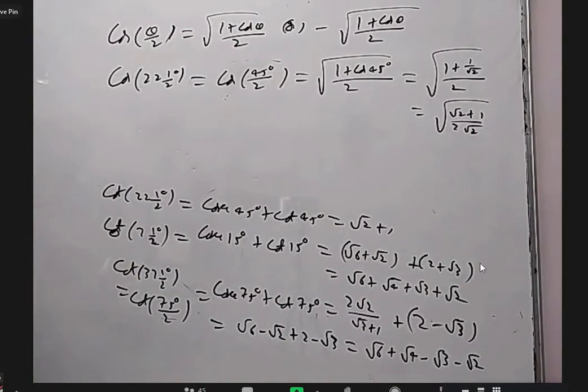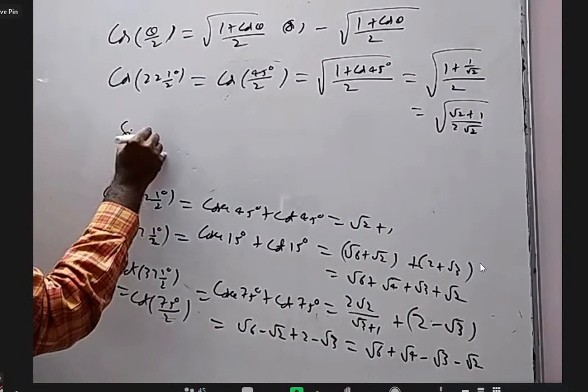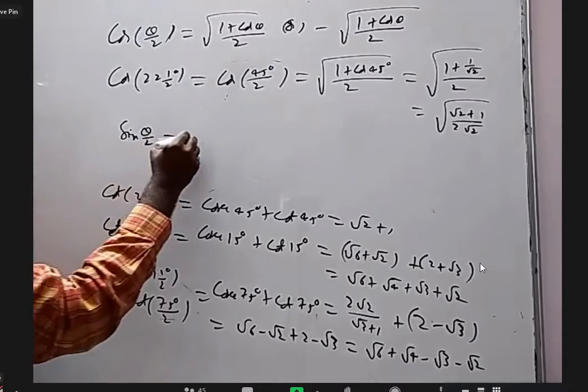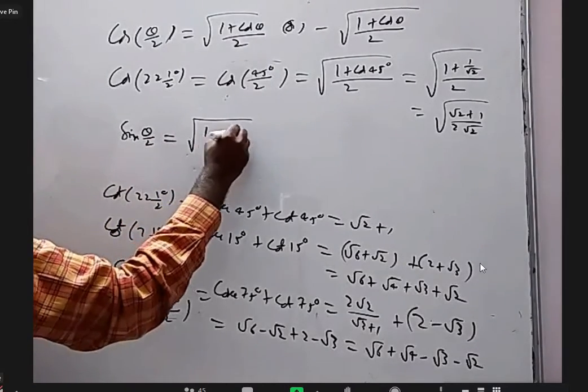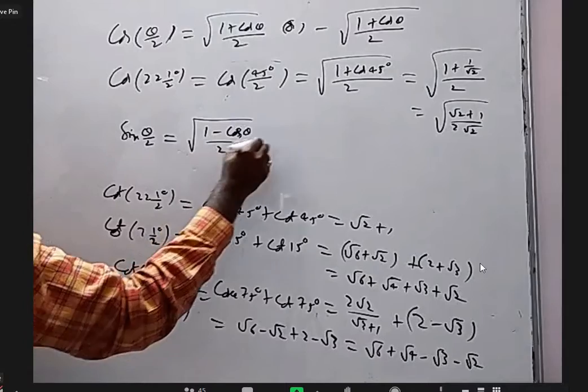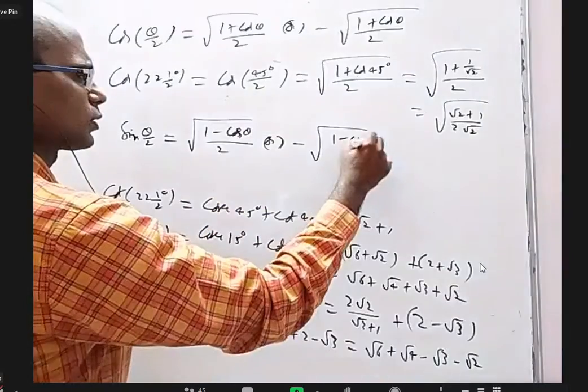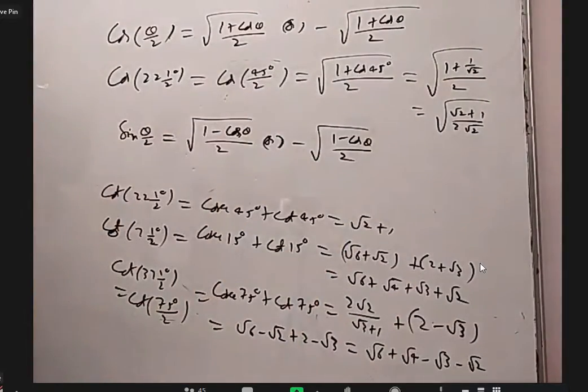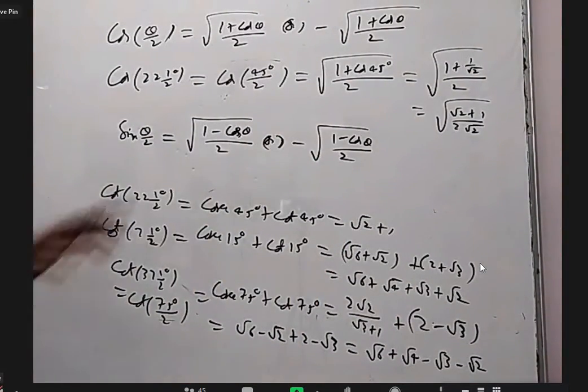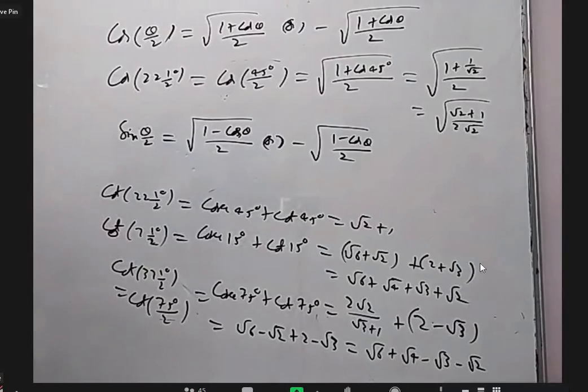Okay. Similarly, sine theta by 2 you can write as plus or minus square root of (1 minus cos theta) by 2, because 1 minus cos theta is 2 sin square theta by 2. 2 will cancel, we'll get this.